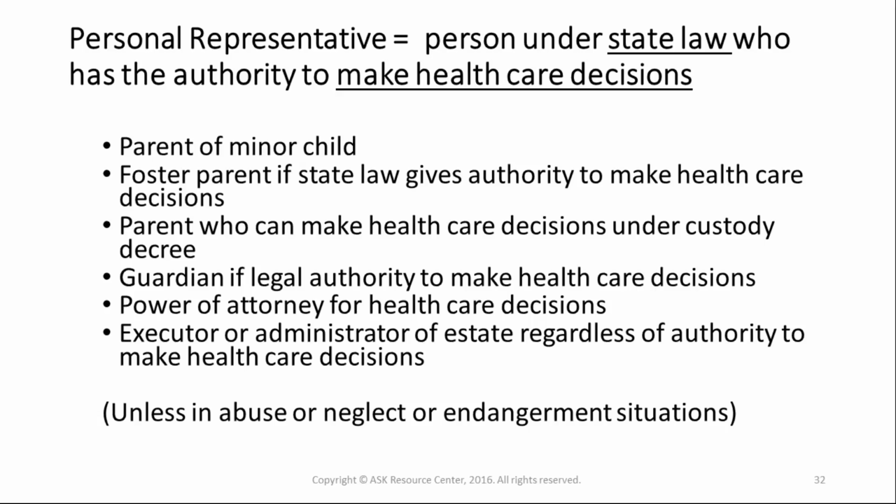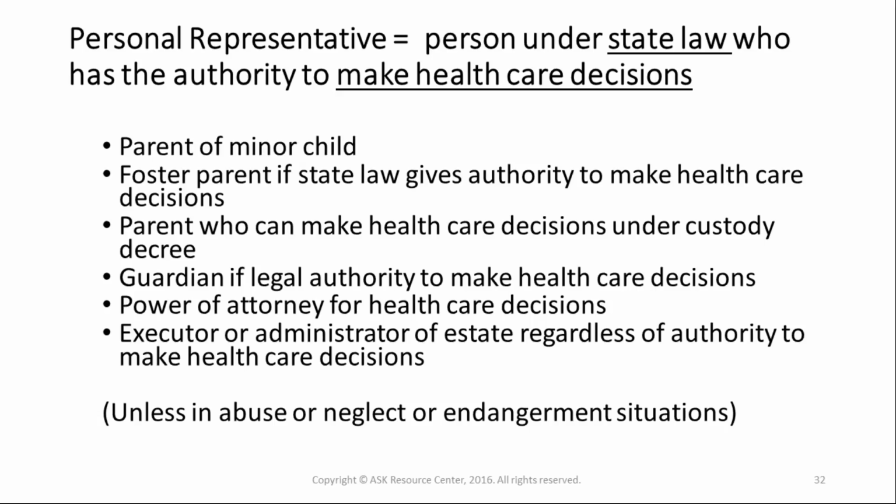A guardian, if legal authority to make healthcare decisions, a power of attorney for healthcare decisions, or the executor or administrator of an estate, regardless of authority to make healthcare decisions. So if someone dies, they become a personal representative and can get protected health information. Now, here's another caveat.